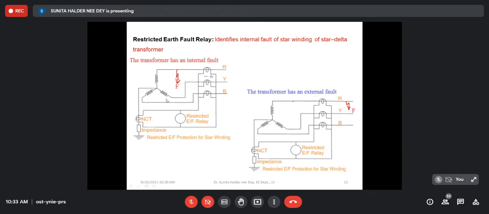That is the difference between an internal fault and an external fault. Here the CT is not differentiating internal and external. This fault is near the winding; I have shown it here to make it understandable, but it will actually be in the winding. Near to this is the line connecting the transformer with the other system.